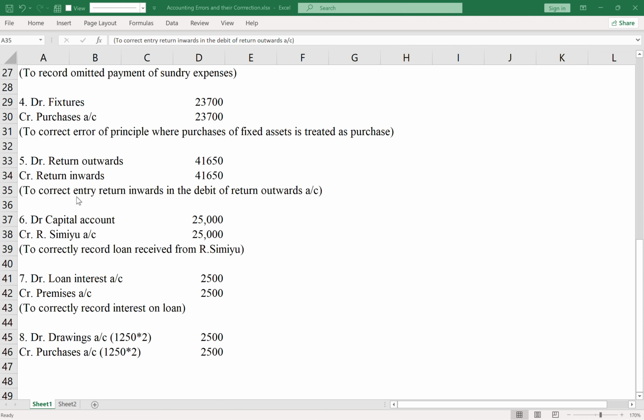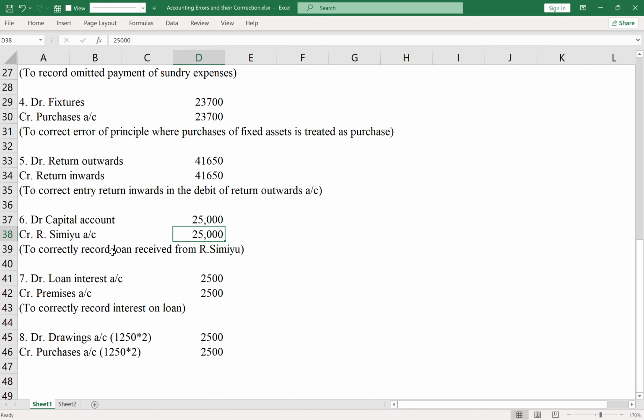So let's continue. For number 6, we are told a loan from SMU for 25,000 had been entered on the credit side of the capital account. So we want to correct this. We are going to debit the capital account with 25,000, and then we credit the SMU account with 25,000.